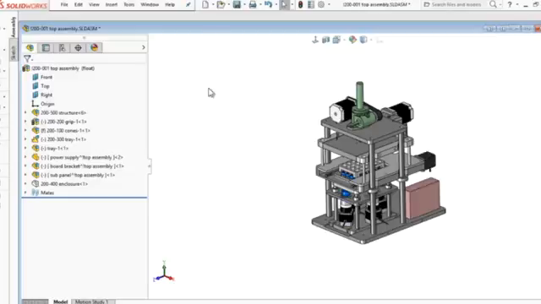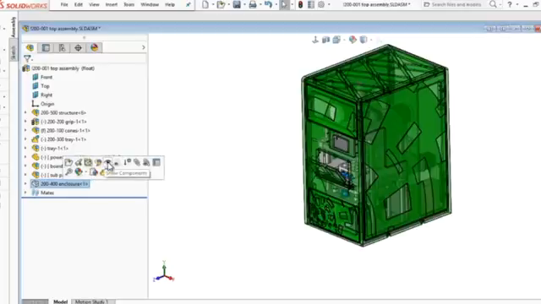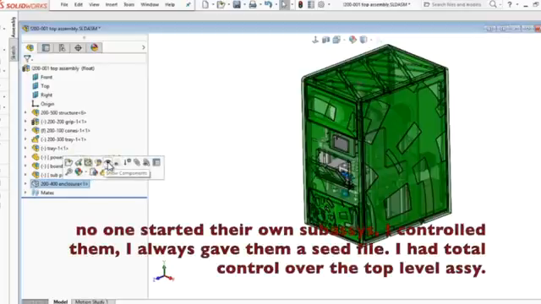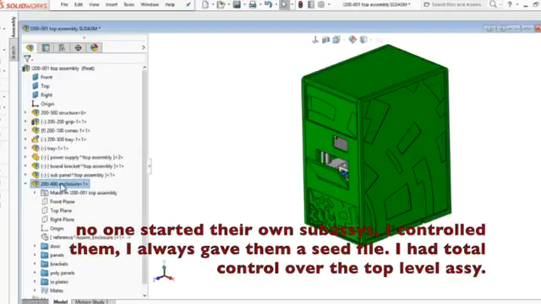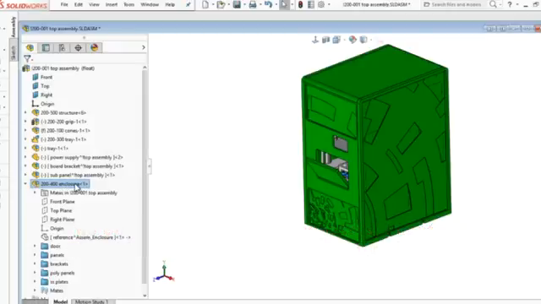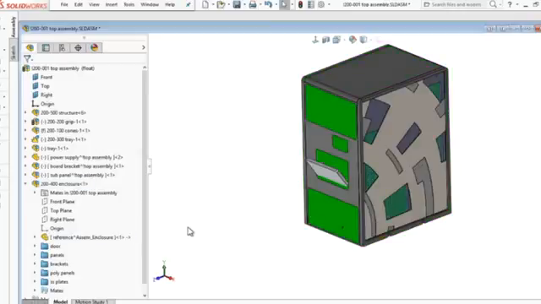One other thing, let's go over. Whenever I handed off a sub-assembly to somebody, I never said, oh, I need an enclosure, it needs to be this big. One of the things that I would do in a case like that is I would always hand somebody a seed file. In this case, I handed the engineer this sub-assembly with this part in it, which was a reference, and this part literally defined how big this case should be.